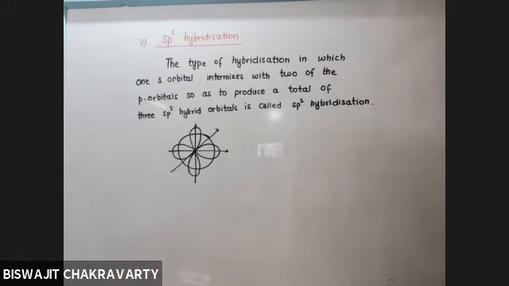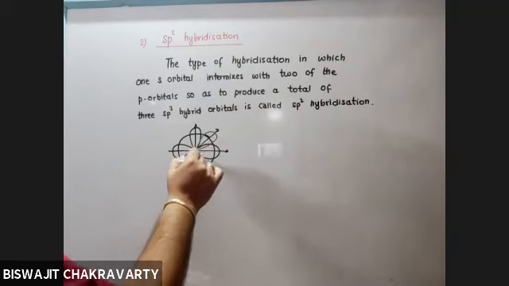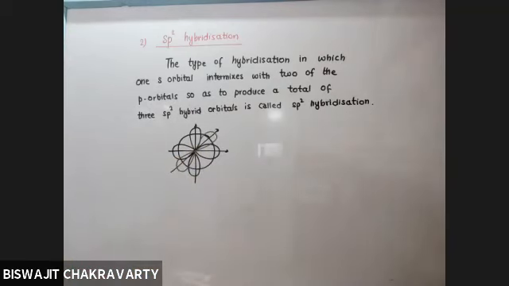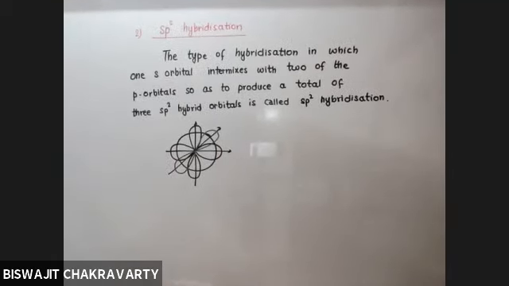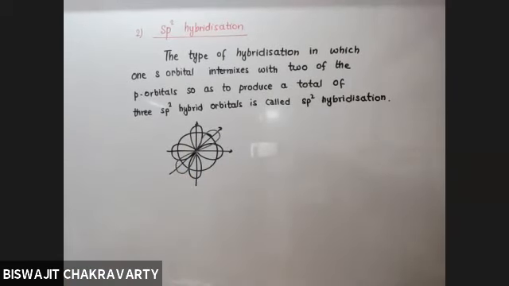And let me show the unhybridized p orbital that did not take part in hybridization as this green color. The green one is not involved in hybridization.